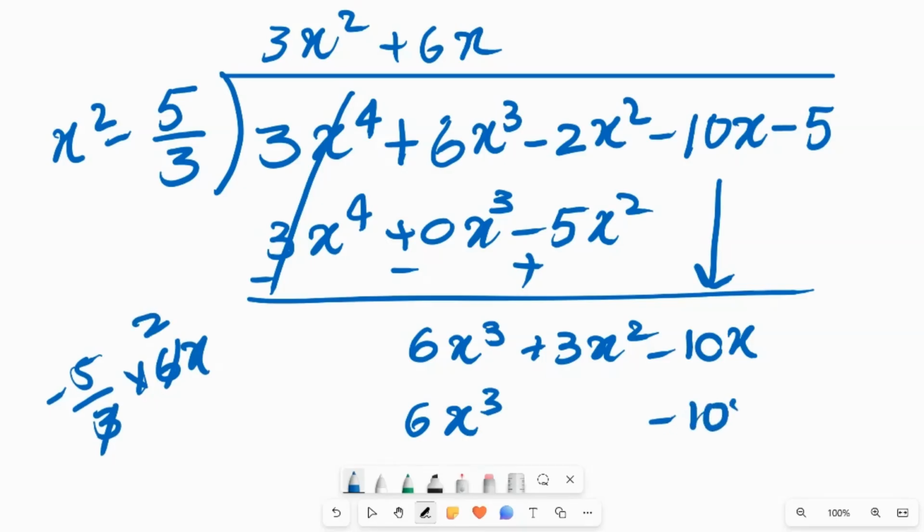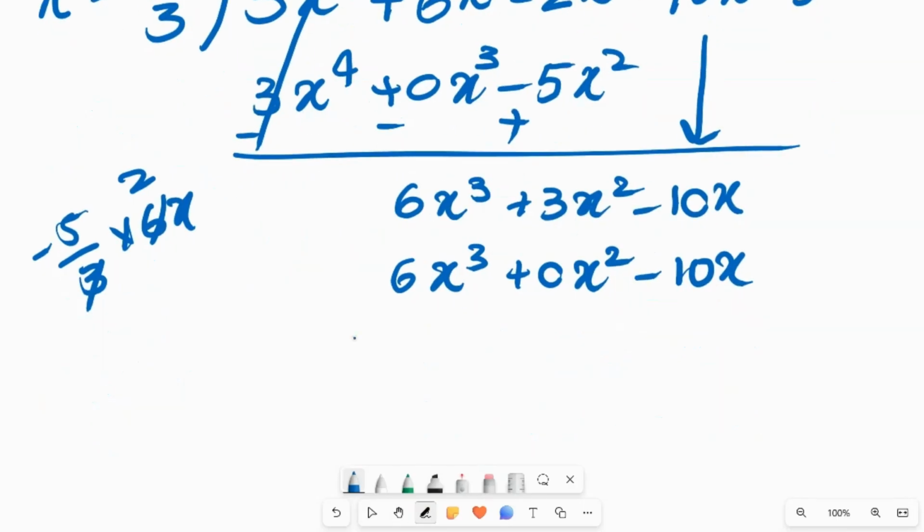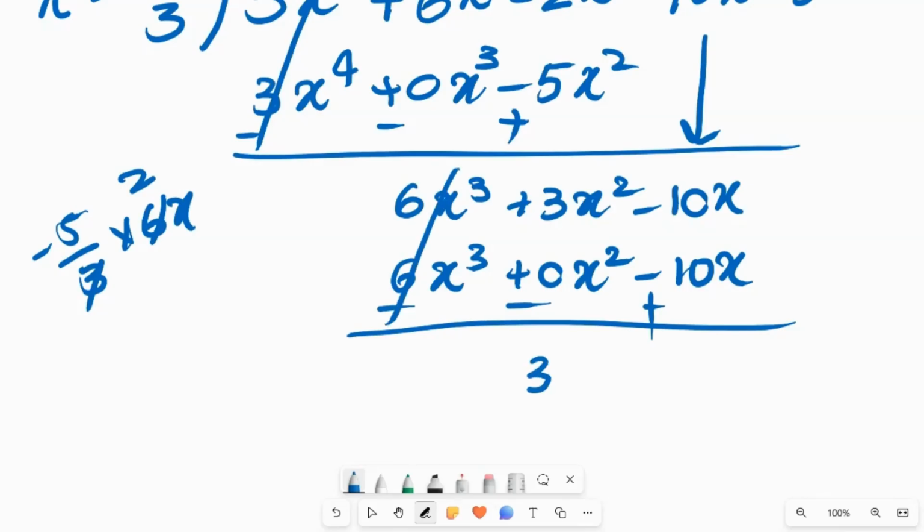So this would be minus 10x and this would be 0x. Now change the signs, minus minus plus, this would be 0x square, so 3x square, plus 10x minus 10x would be 0, and last we have minus 5 here.